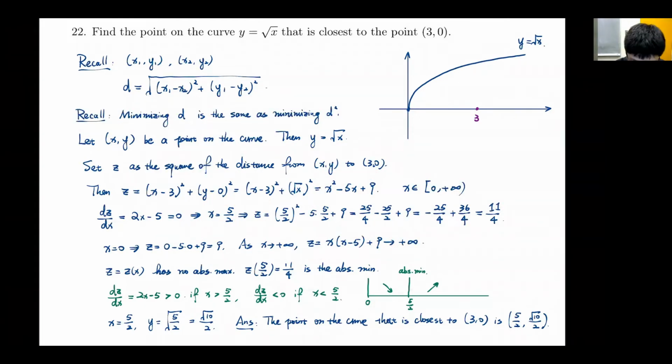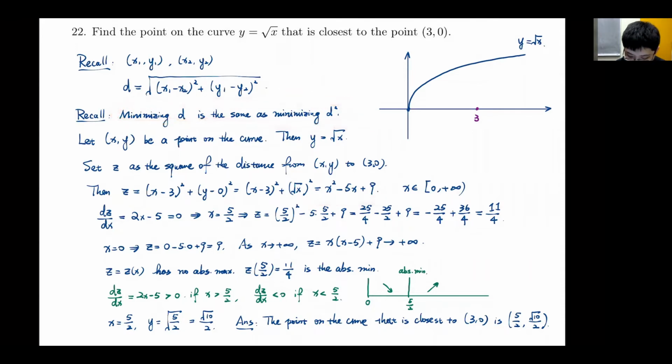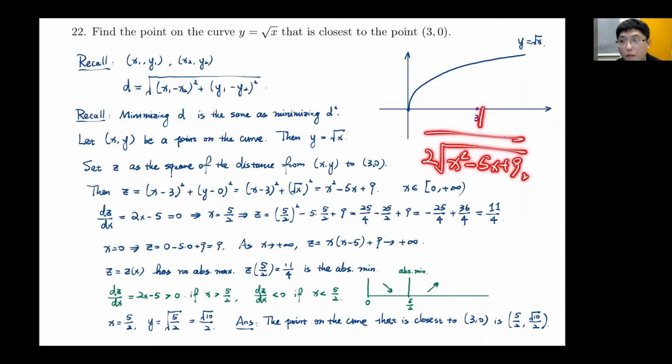I hope from this you will be convinced that minimizing d is the same as minimizing d squared. And as you could see from the comparison, using this fact, the procedure is much more simplified. You do not need to worry about this factor in the denominator at all. Okay, so this concludes my discussion of number 22.